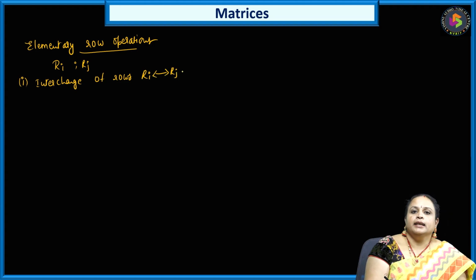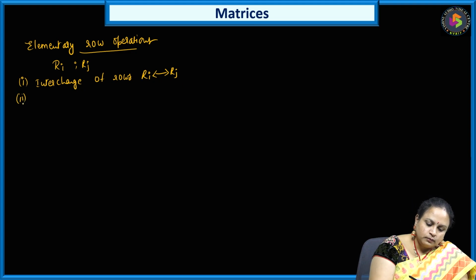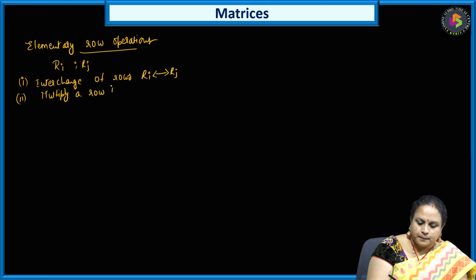That is Ri implies Rj. We interchange the ith row with the jth row. Then we can multiply any row with a non-zero scalar.